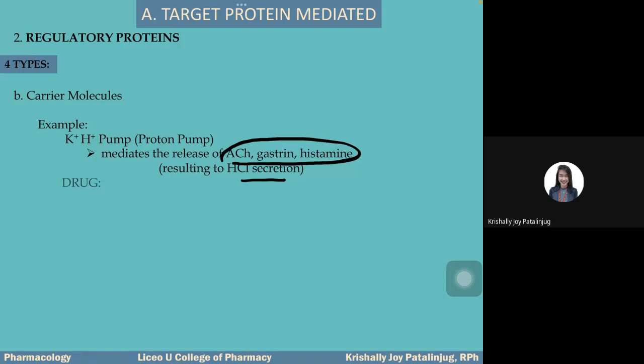Okay, so we have drugs that target the proton pump, the proton pump inhibitors. Recall, you can identify PPIs by the suffix, prazole, except aripiprazole.